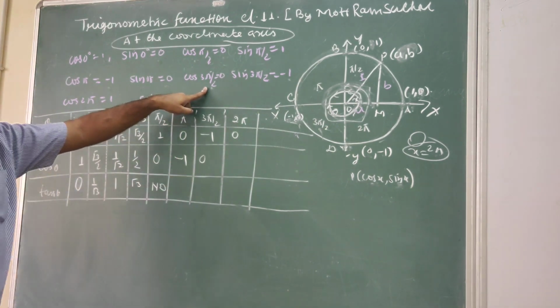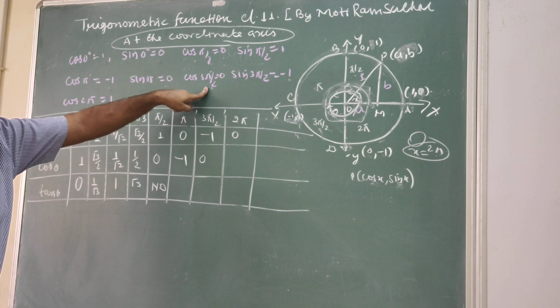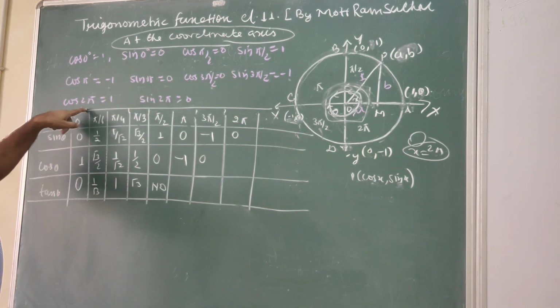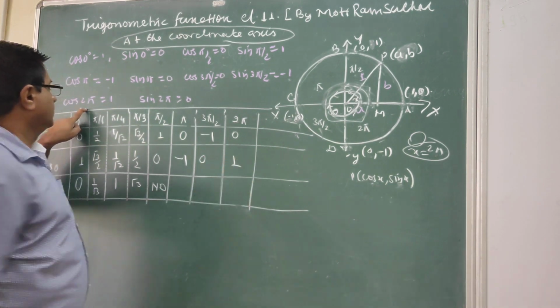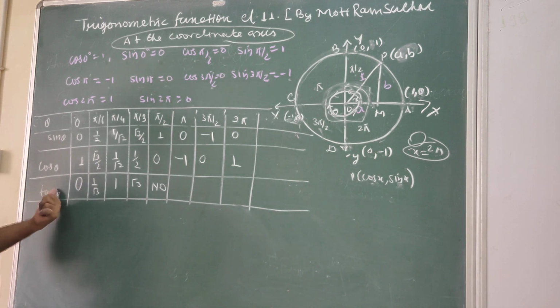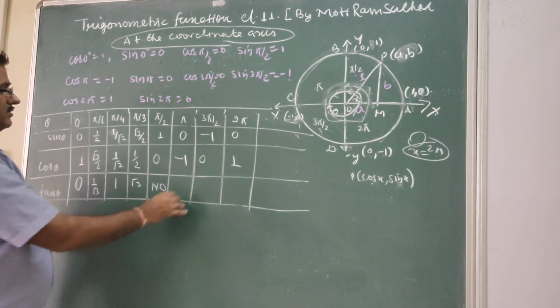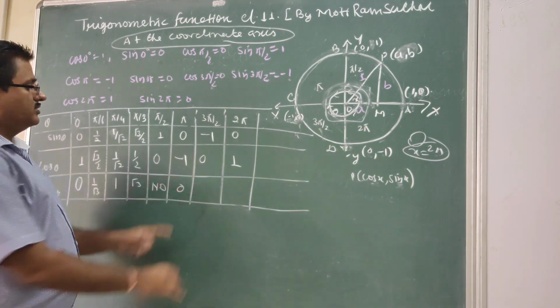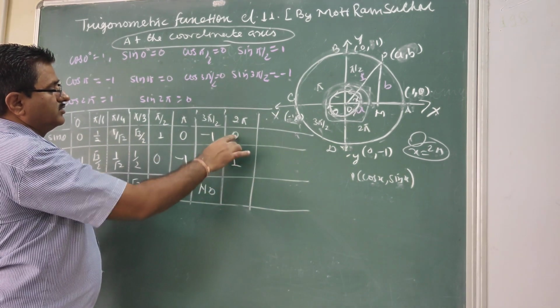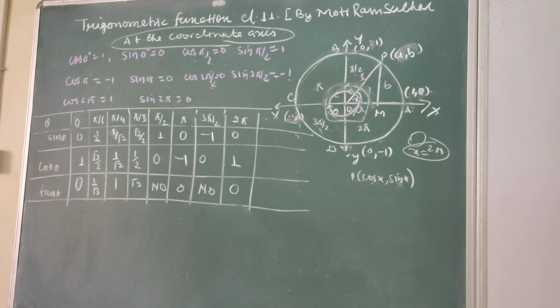At the coordinate axis we already discussed this. And then cos 2 pi is 1. Similarly now sin upon cos: 0 upon minus 1 is 0, minus 1 upon 0 is not defined, and 0 upon 1 is 0.